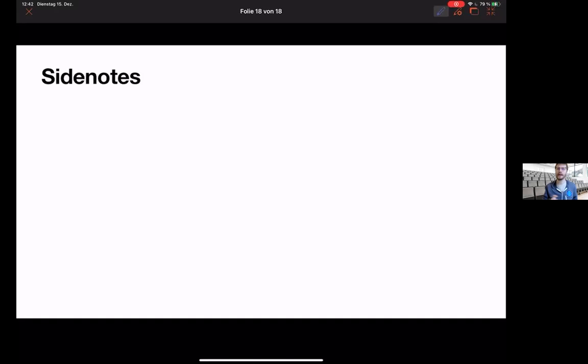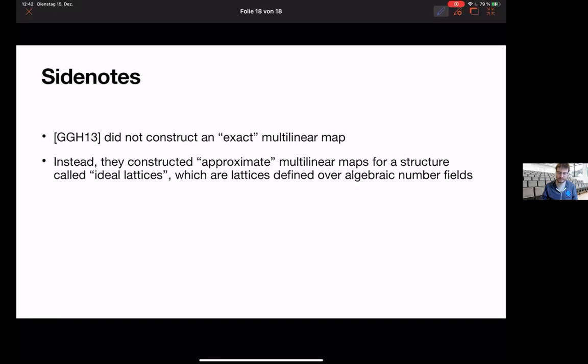Okay, but as I already alluded to last times, there are a few side notes. GGH13 did not construct exact multilinear maps. So in particular, what is reflected there is the kind of structure that they had. These groups GS, they were actually not really groups. They were something like a group with an error.